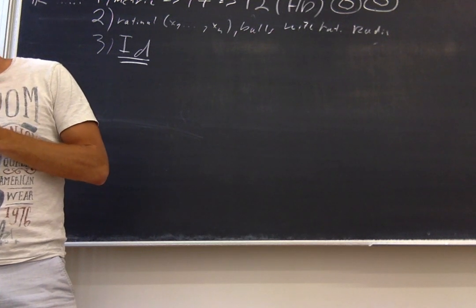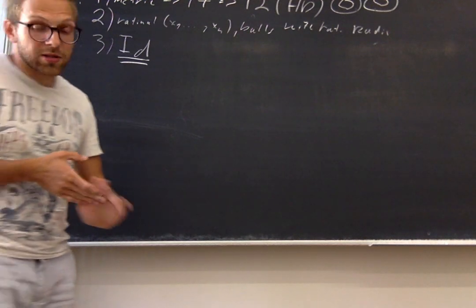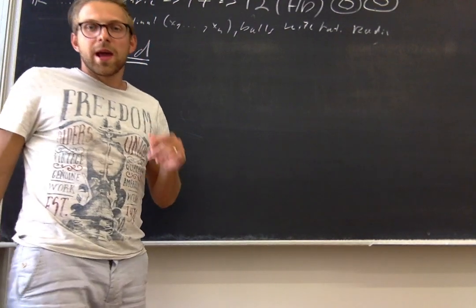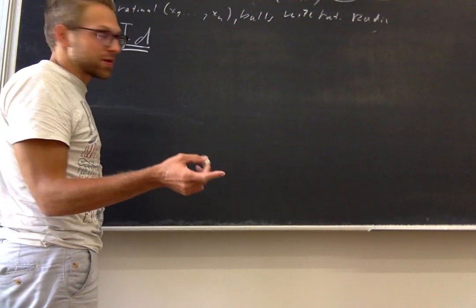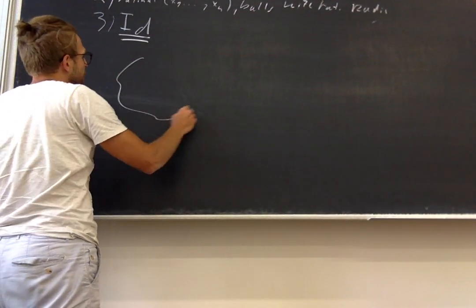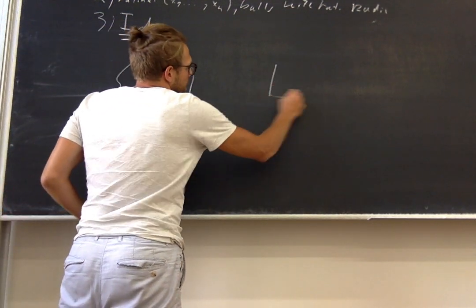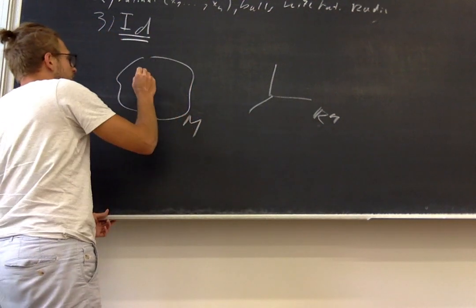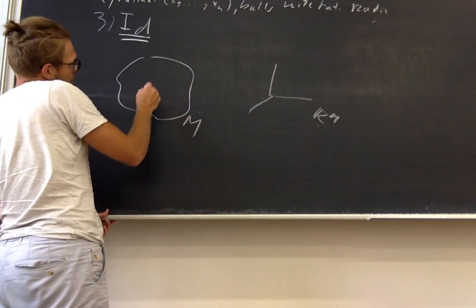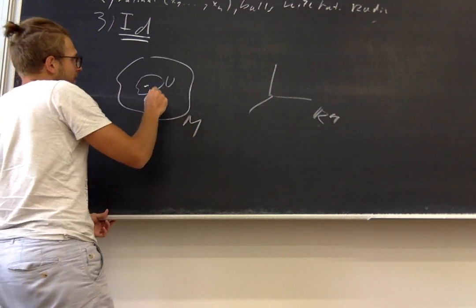All right, now let's talk a little bit about coordinate charts. After we're done with that, we're going to do one example. Just a little bit of terminology so that I don't lose you when I talk about these things. This is our topological manifold M. This is our Euclidean space. And this is a point P. This neighborhood U is called the coordinate domain.